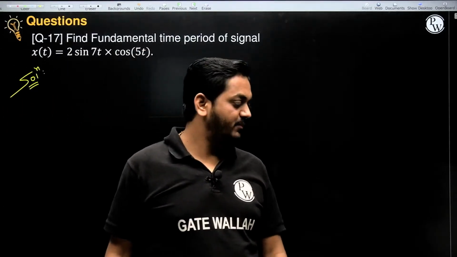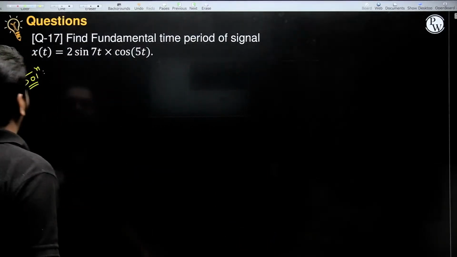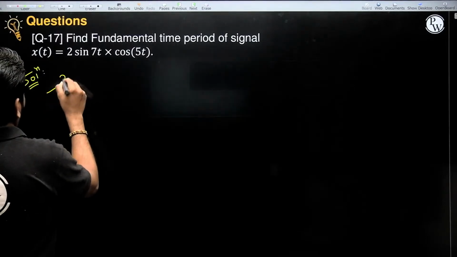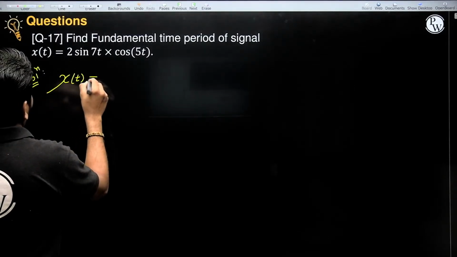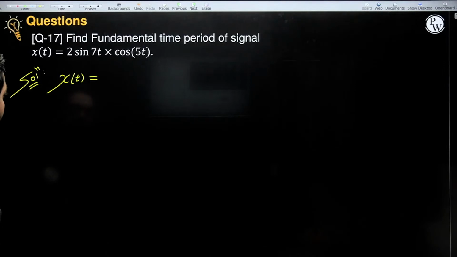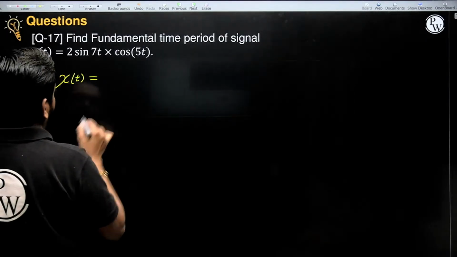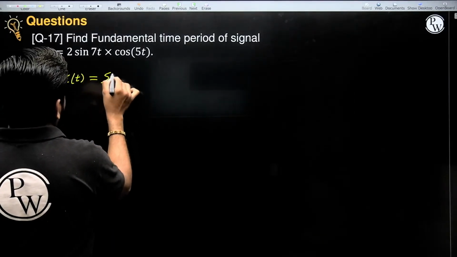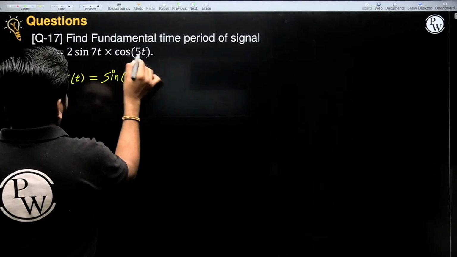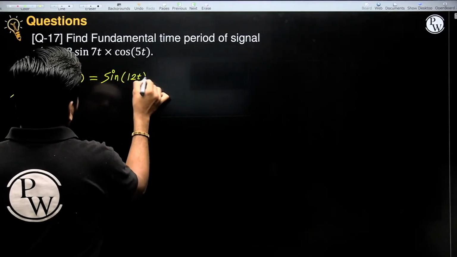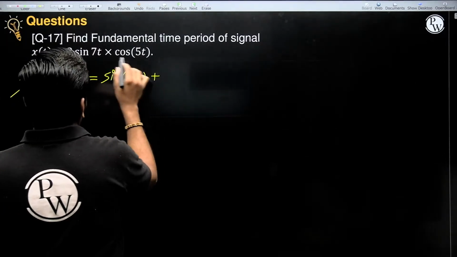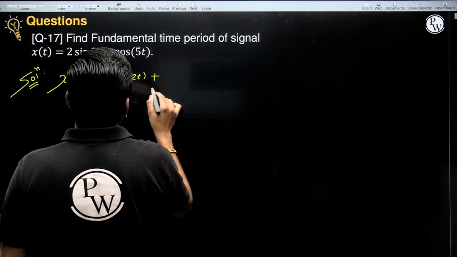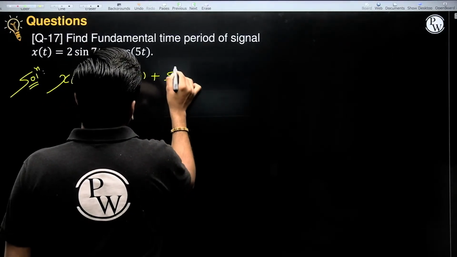How to find the fundamental time period? For 2 sin 70t cos 5t, you have to use the 2 sin A cos B formula: sin of a plus b, 70t plus 5t, that is 12t, plus sin of a minus b, 70t minus 5t.